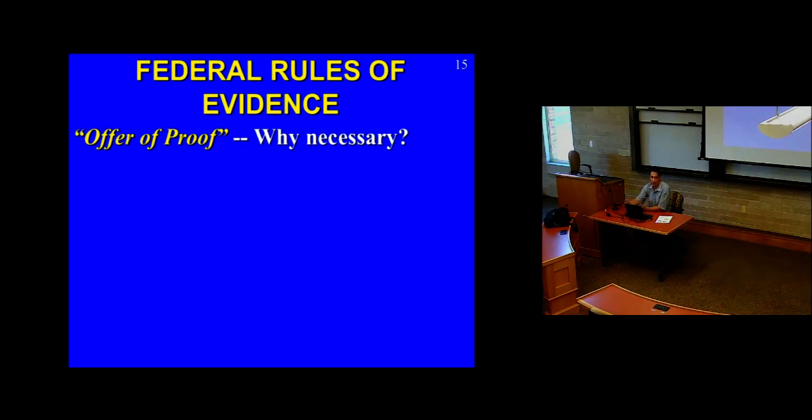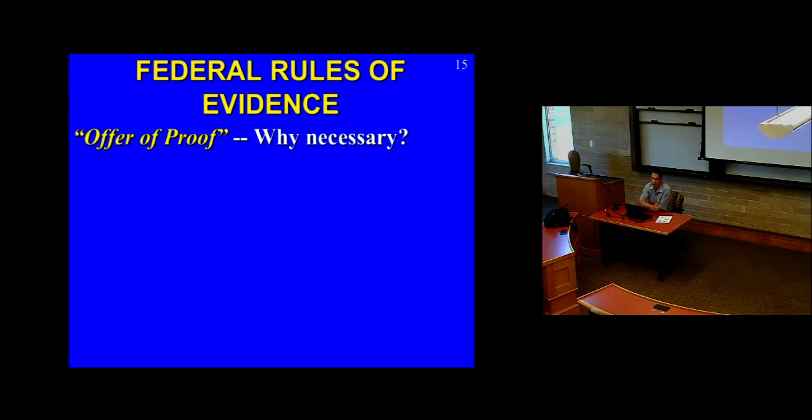However, we want to be able to appeal that issue, and so in order to do that, we want to make an offer of proof to say what this inadmissible evidence would have proved, so that the appellate court can take into account what the evidence is and decide if it was harmless error or reversible error. So the offer of proof allows the attorney to put that in.